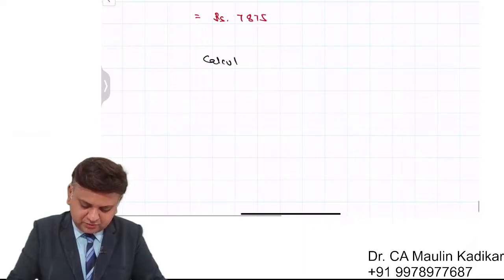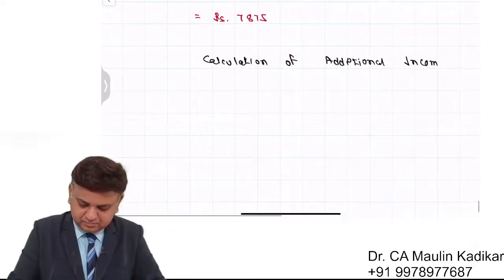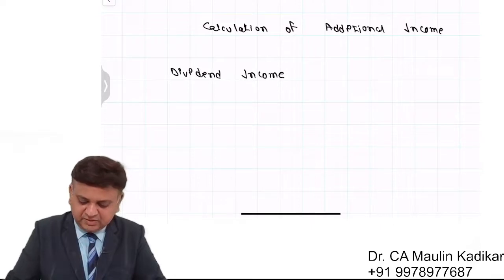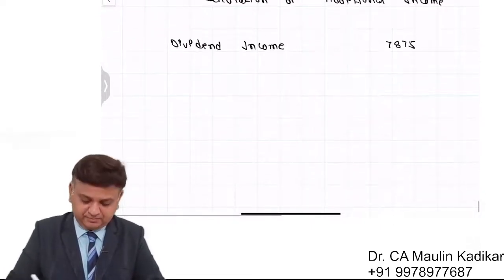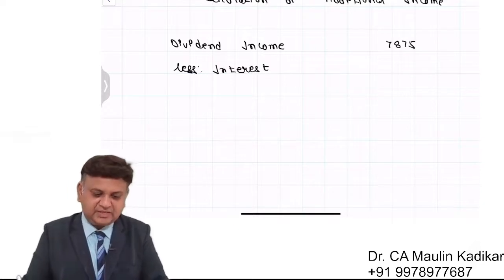So calculation of additional income. In that, dividend income 7875, less interest.